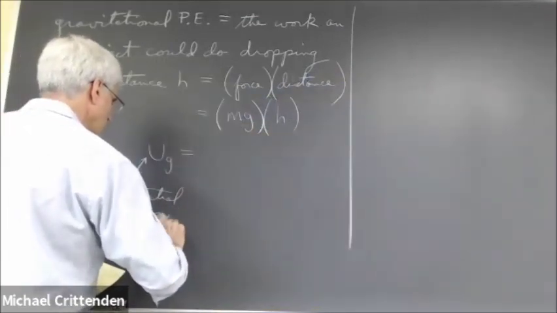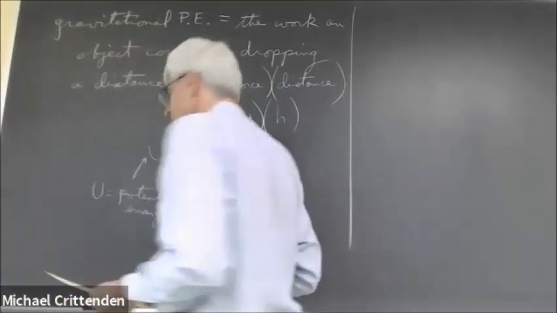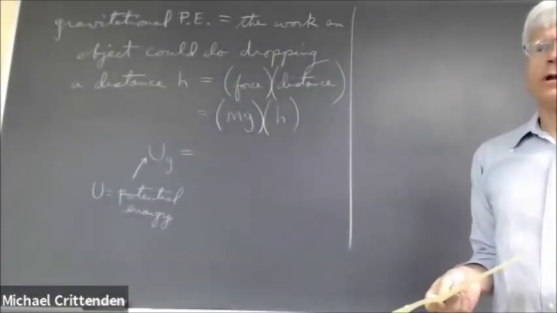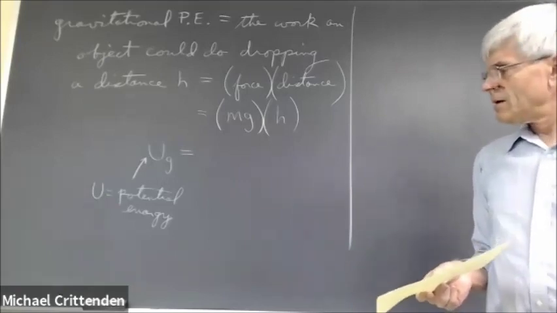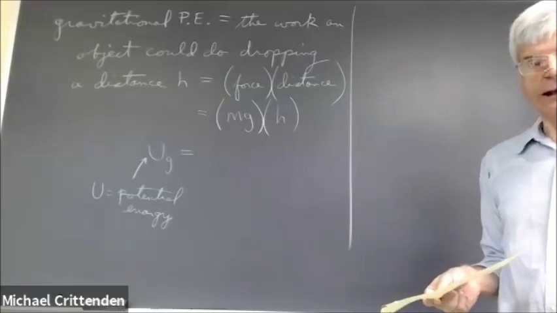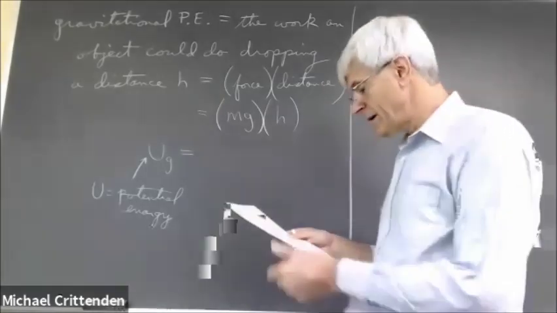So the moral of the story is the symbol we're going to use for potential energy is a capital U. That, I'm pretty sure, is the notation that's used in the textbook. Although if you want to abbreviate it PE, you can't imagine how little I care. But this is the way I'm going to do it anyhow.